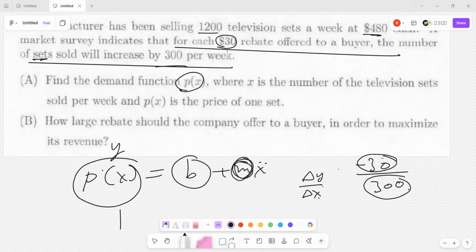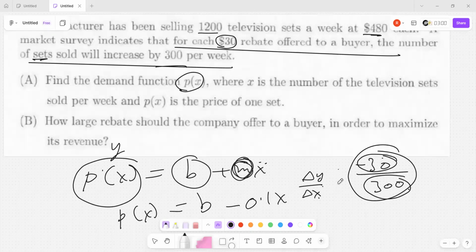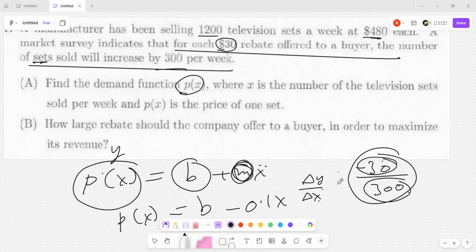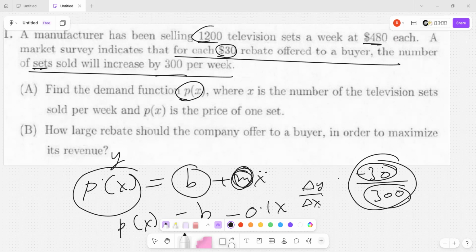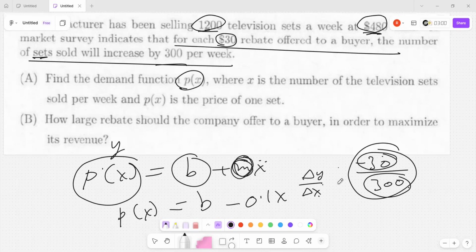So p of x now is equal to b minus 0.1x. And this is the slope, okay? How can I find b? The y-intercept is very easy. This guy sold 1,200 televisions at price 480. Perfect.